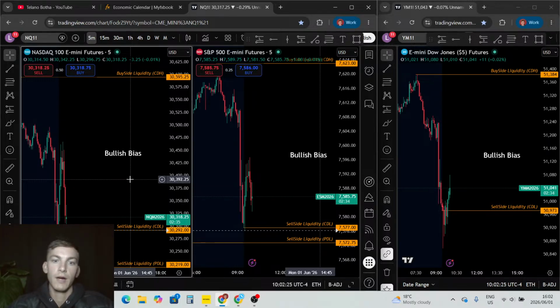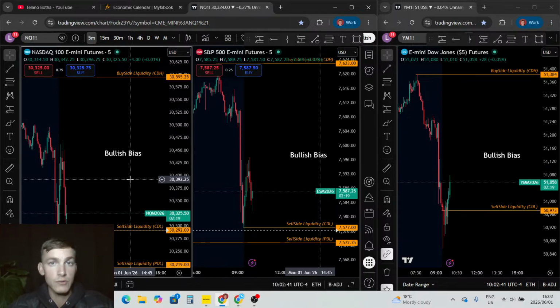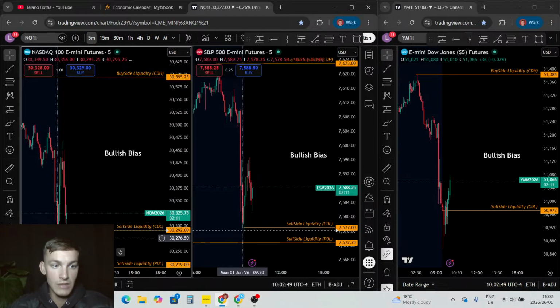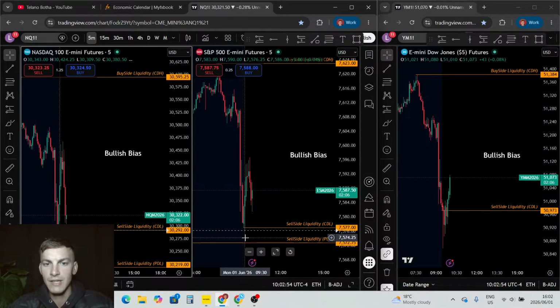Now, that's when we look at the times of those specific swing lows. If we can see the same common 5 minute candle in each specific swing low, that to me is a common swing low. It is a good reference point to be monitoring, and there will 100% be liquidity below or above, dependent on whether it's a swing low or swing high. So here we can see the actual swing low formed at 9:25 on the Nasdaq, whereas on the S&P 500 it formed at 9:30.